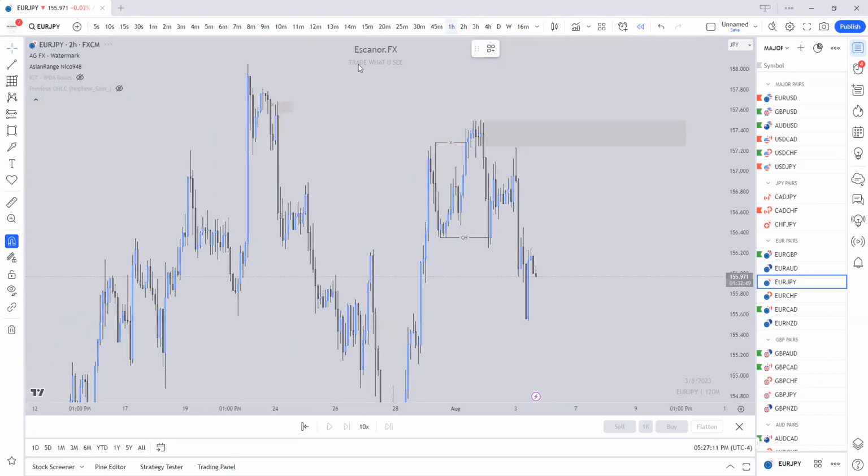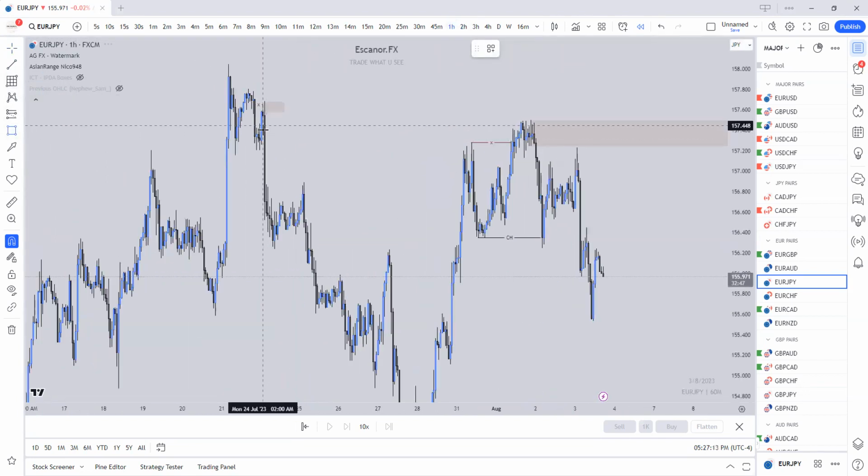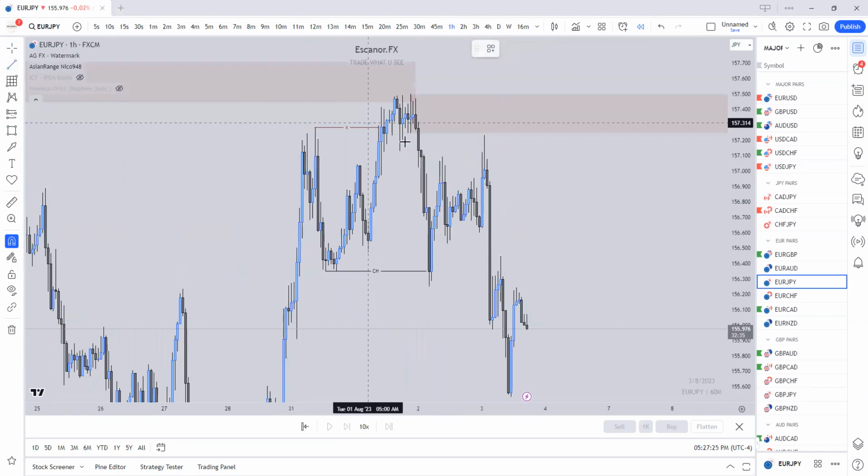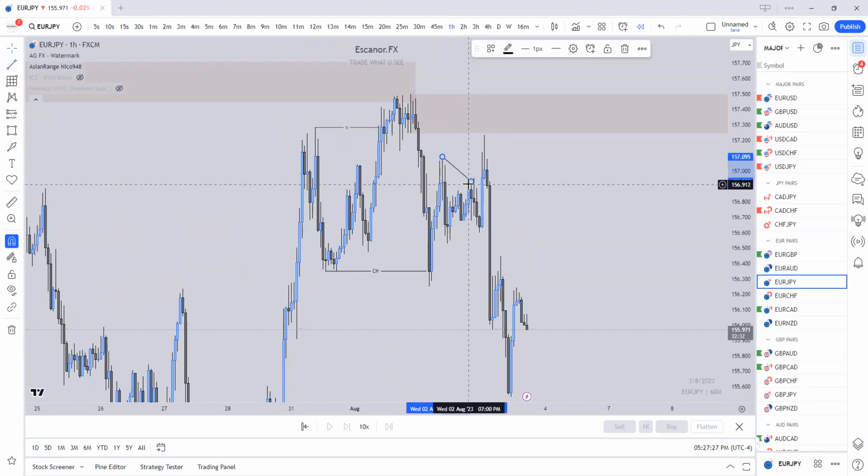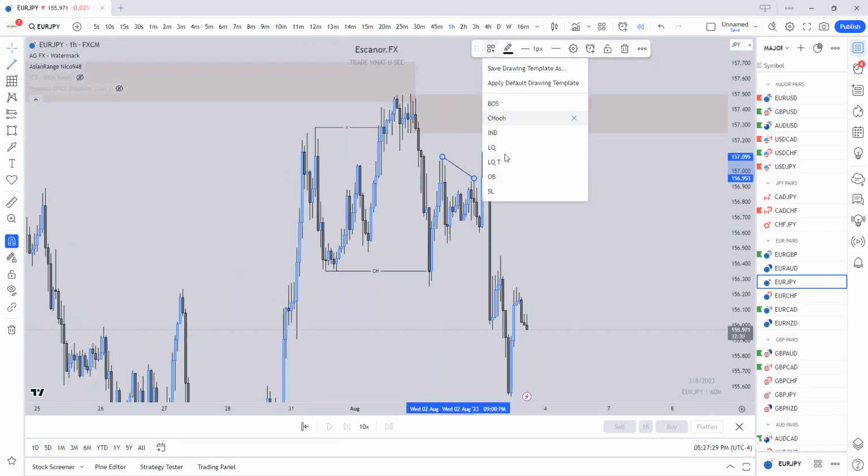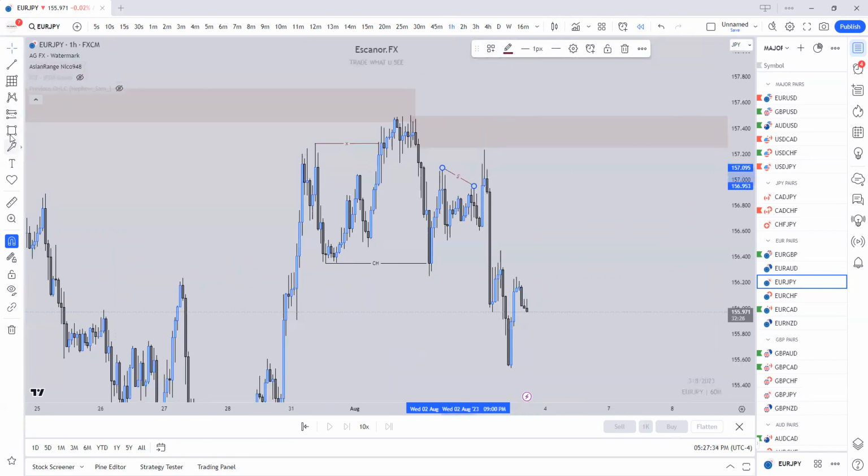On the 1 hour, this is our point of interest. So swipe of liquidity, tap into a point of interest, nice push, change of character, some retracement, and this is our liquidity that got generated before we tap into this zone. So I set my limit at this point.